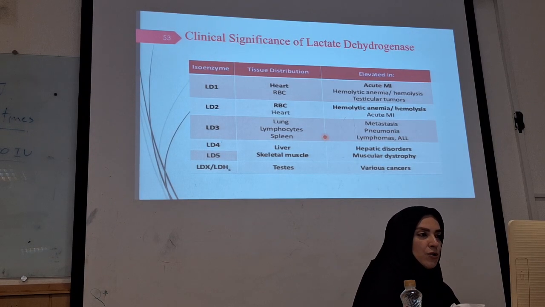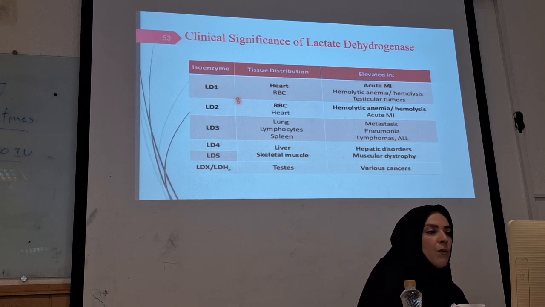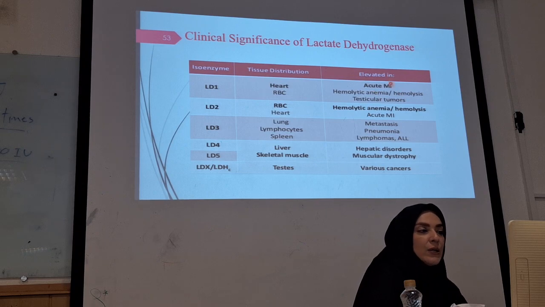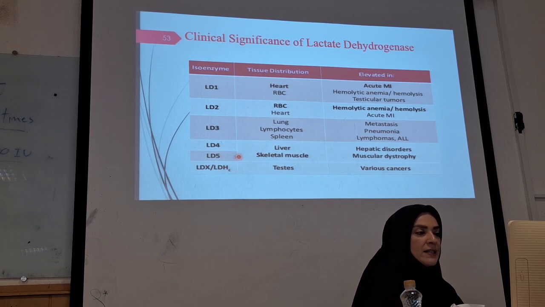These are the distribution, and this is the clinical importance. For example, number 1 is important for acute MI, hemolytic anemia and testicular tumors. And for example, LDH number 5 is important for some disorders of the muscles and hepatocytes.